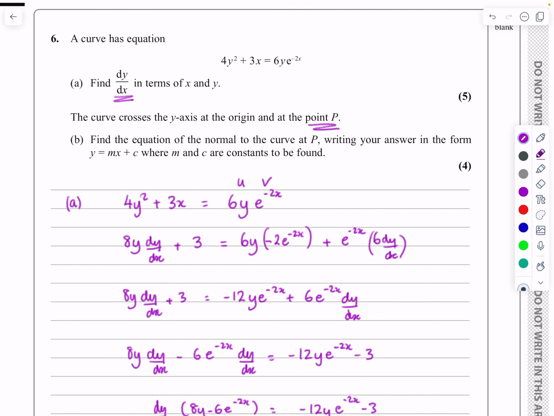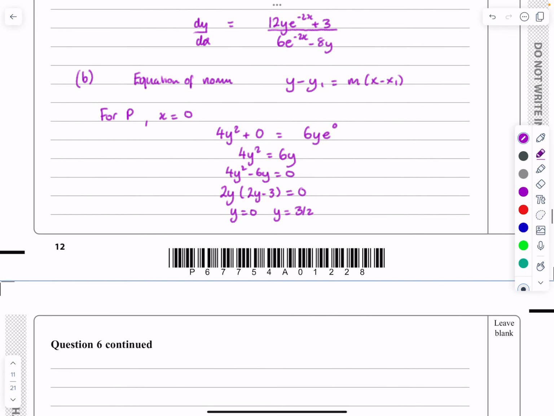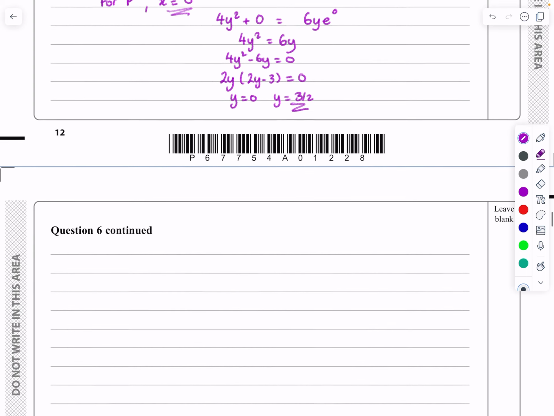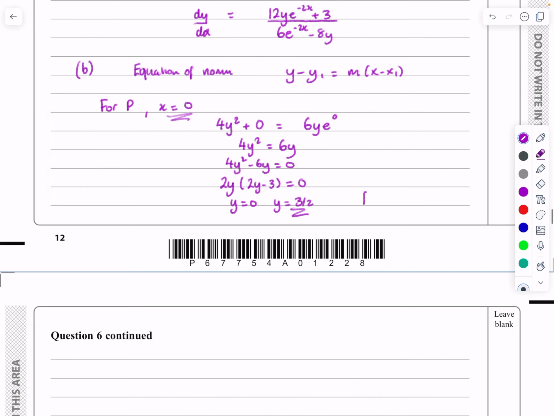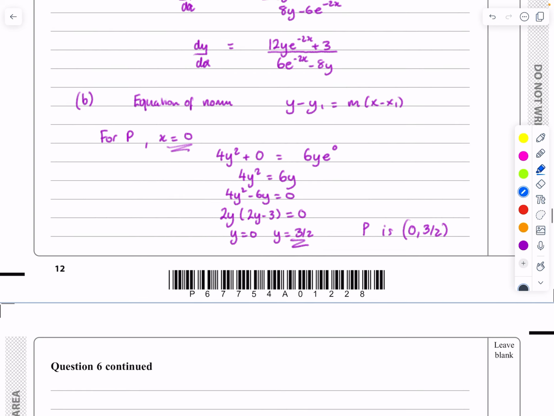It says the curve crosses the y-axis at the origin and at the point P. Well, the origin is given by x equals 0, y equals 0, and the point P now is given by that information. So we know P is (0, 3 over 2). So I have my x1 and my y1 here.